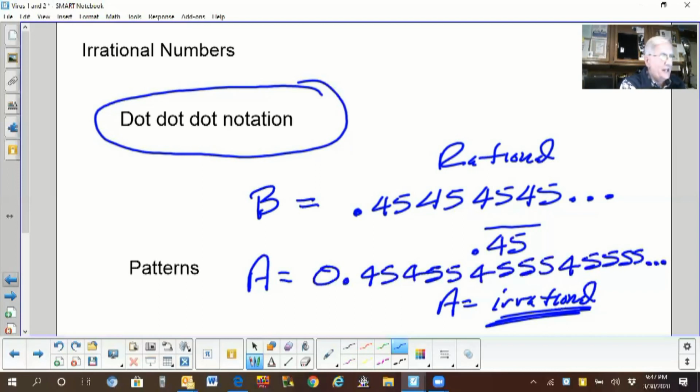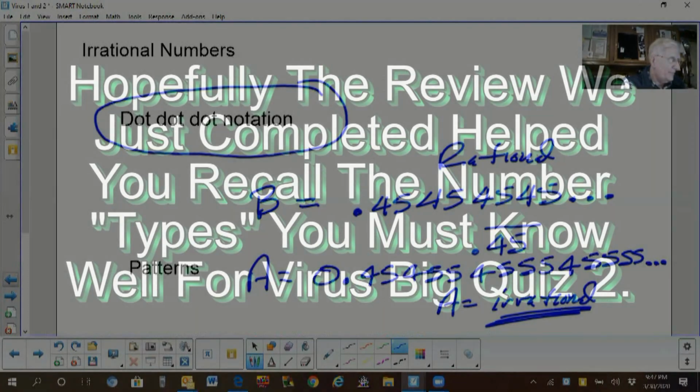Irrational numbers cannot be converted back to fractions because they didn't come from fractions. Therefore, they have irrational behavior. So I want you to get used to the idea that rational behavior shows repetition that's exactly identical in each step, whereas irrational behavior, if the number shows a growing pattern, then the number shows irrational behavior.